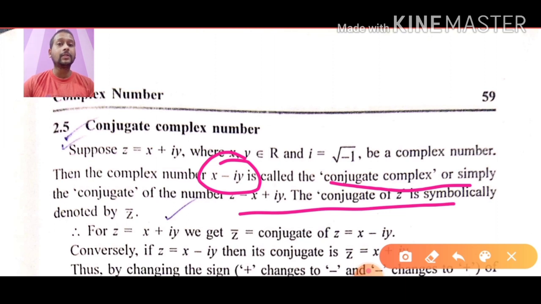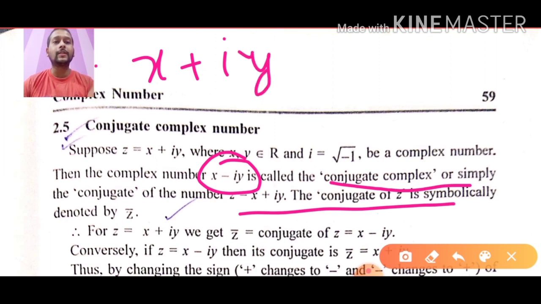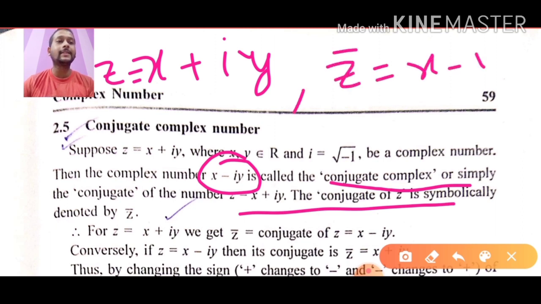Remember, it is not the additive inverse here. So say x plus iy is the complex number. Its conjugate, that means z equal to x plus iy, its conjugate will be x minus iy.